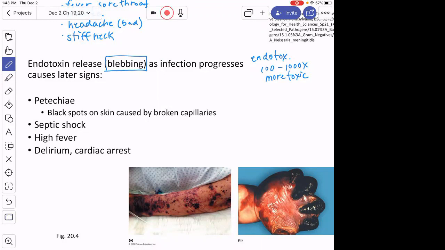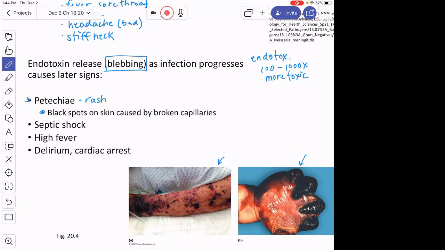Within a matter of hours, you start seeing petechiae, a rash that starts out kind of reddish and then turns purple and then will turn black. So this inappropriate clotting in the capillaries, those black spots can coalesce and turn whole areas of tissue black.